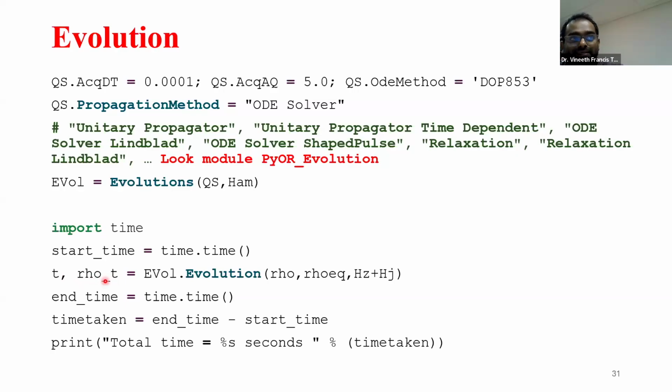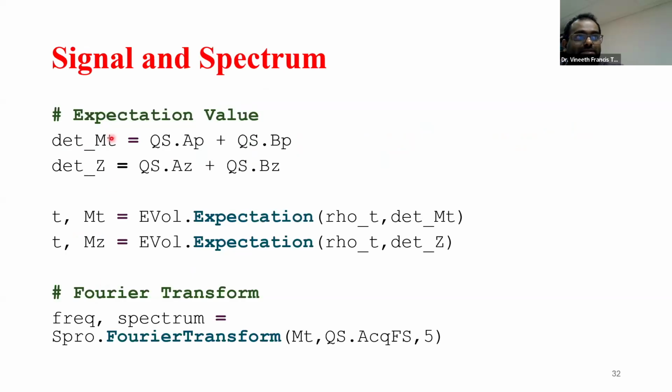Now we want to find the expectation value, so we can use the expectation function. So we define what we want to detect. We want to detect the transverse magnetization and the Z magnetization, and you can compute the transverse magnetization using this function.